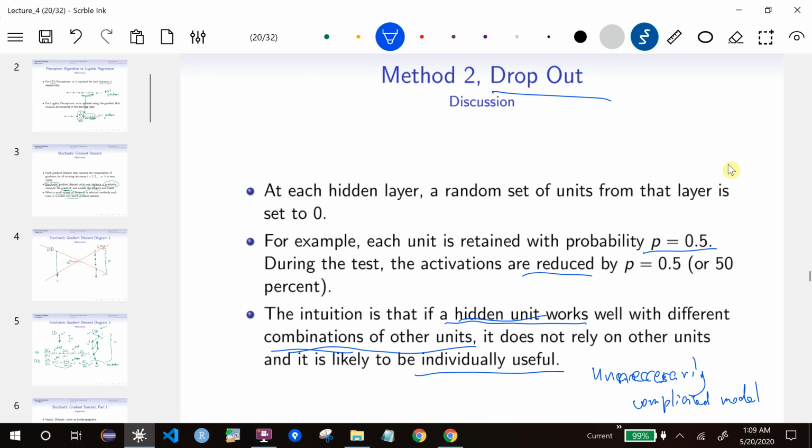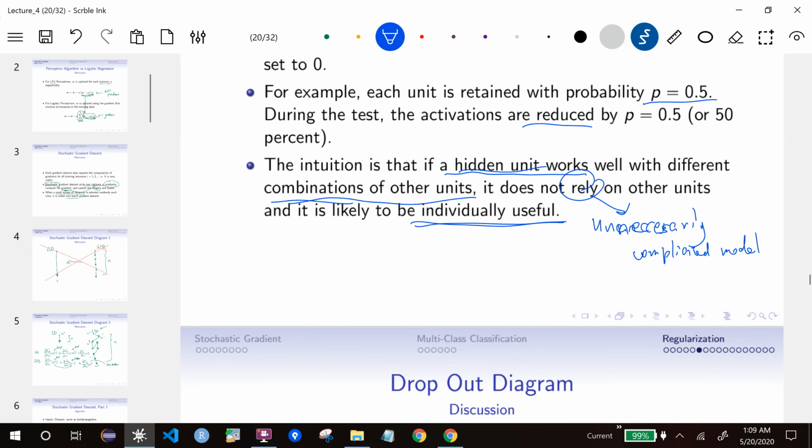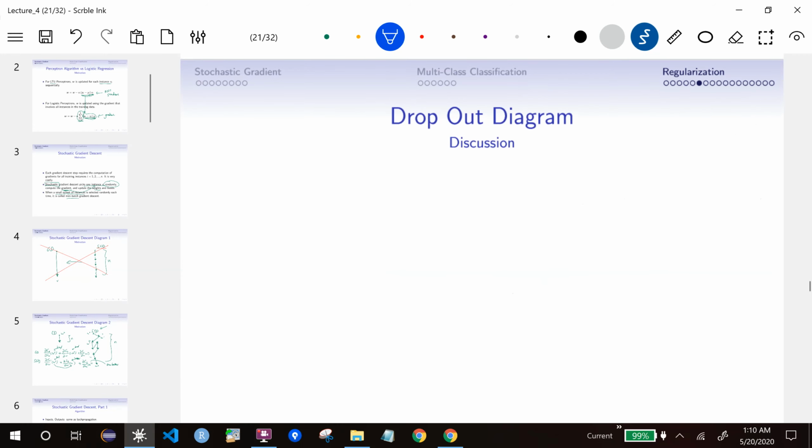Model if they really rely on other units. But if they are individually useful, then we have basically the simplest model using this set of units. So dropout kind of solves the regularization problem, the overfitting problem, and it's a regularization technique.